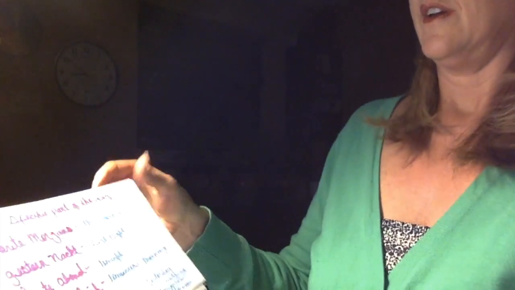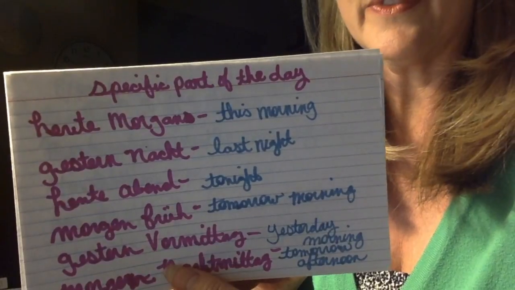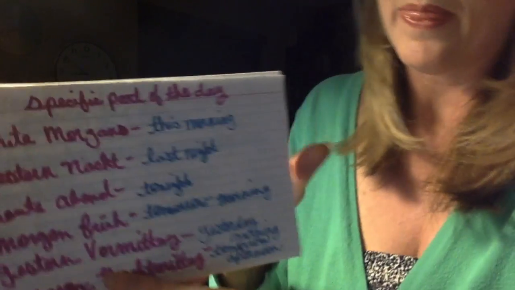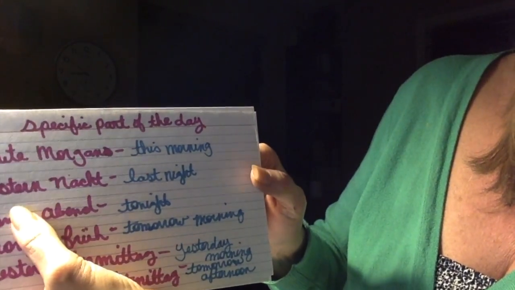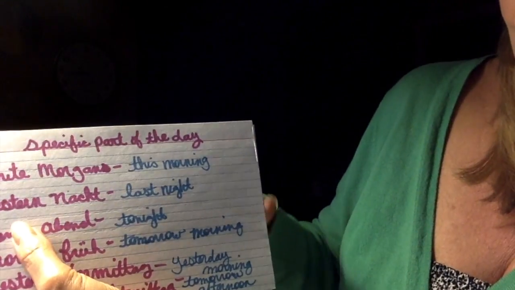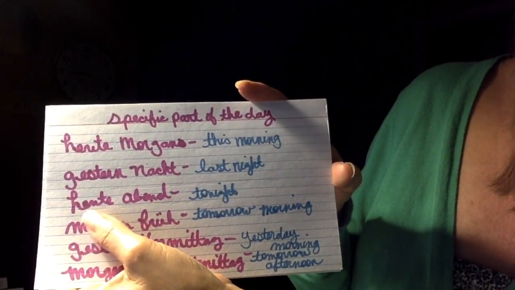Also, in the German language, they have specific parts of the day. And so, if you want to speak about these specific parts, you need to know. Heute Morgen is this morning. Gestern Nacht, you have your Nacht in there, so it's last night. Heute Abend is tonight.